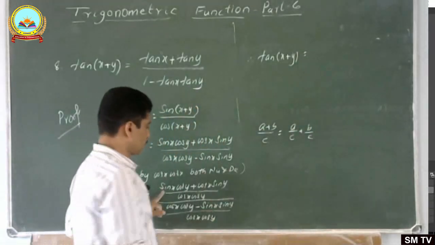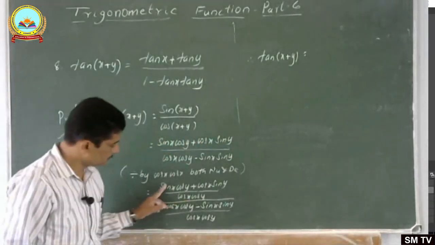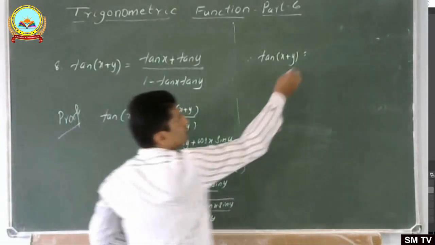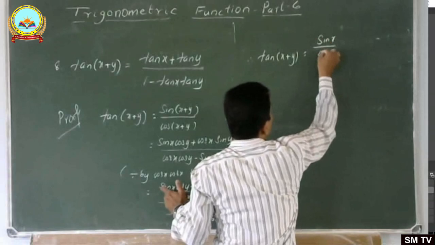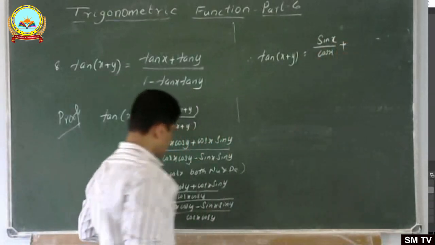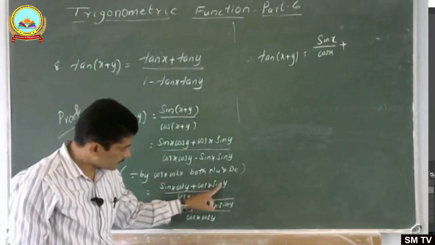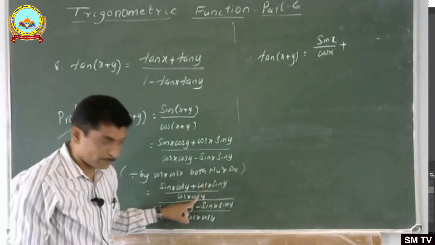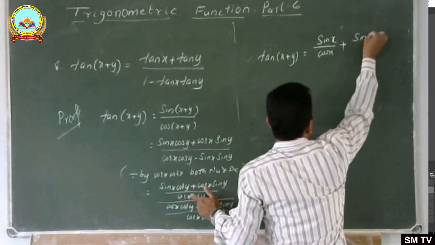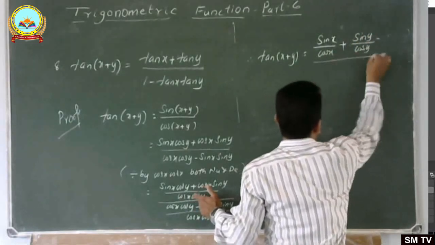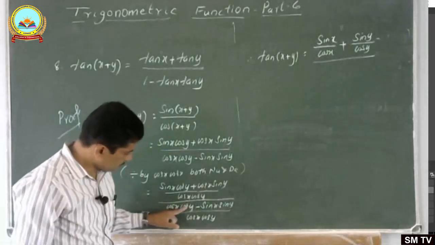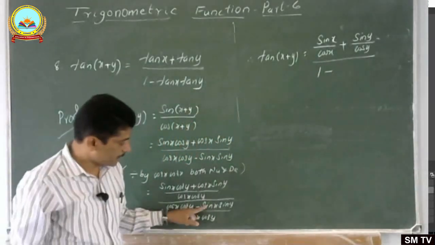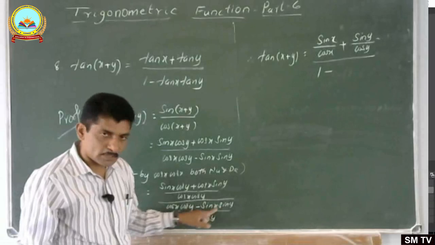Here also, expanding this, sin x cos y divided by cos x cos y, the cos y cancels to leave sin x divided by cos x, the first term, plus expanding the second term, cos x sin y divided by cos x cos y, cos x cancels, sin y divided by cos y in the numerator. In the denominator, cos x cos y divided by cos x cos y, both cancel, 1 minus sin x sin y by cos x cos y.